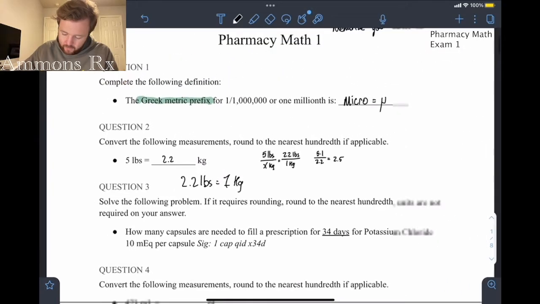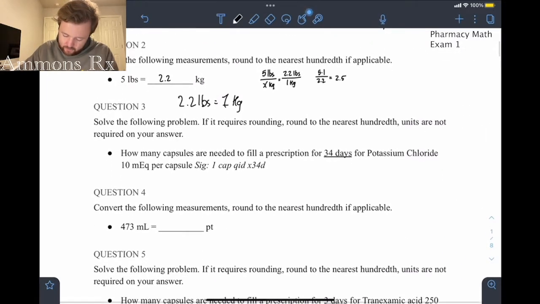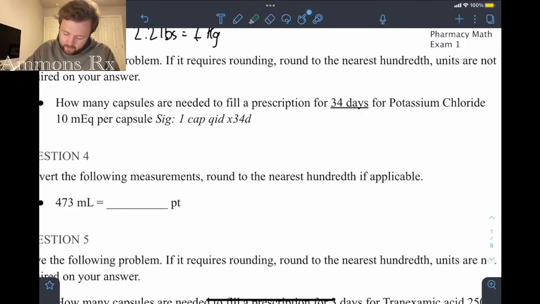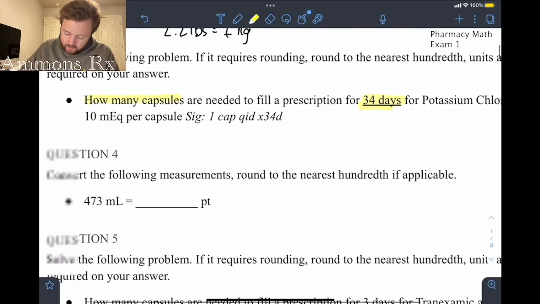Okay. All right. So solve the following problem. How many capsules, and I'm going to change my color here. How many capsules, that's our question, 34 days for potassium chloride, 10 milliequivalents per capsule, 1 capsule, QID, times 34 days.